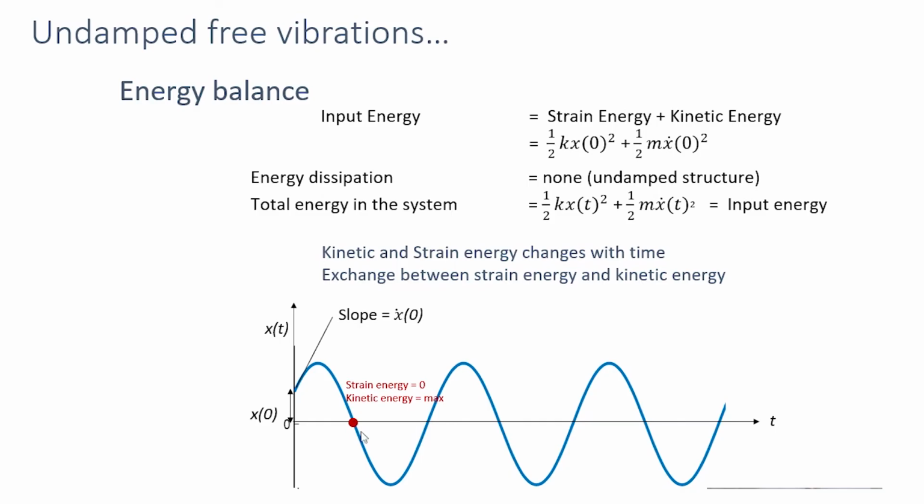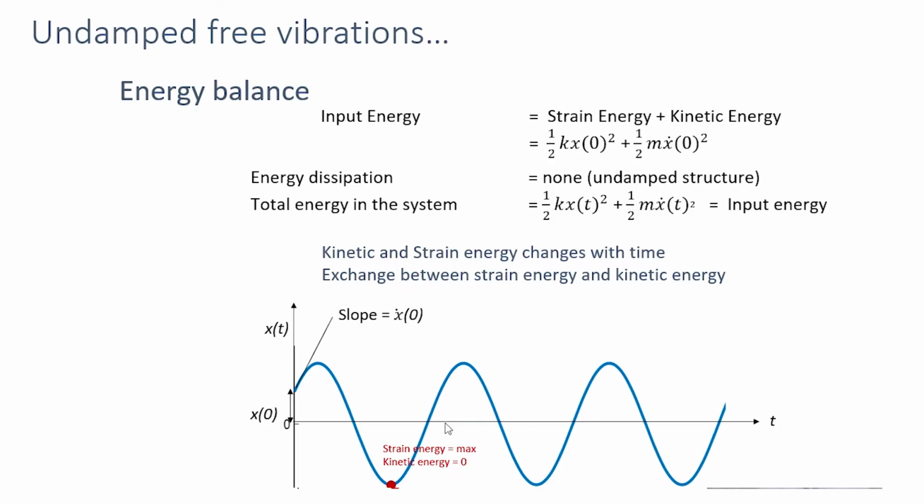Again, when this moves here, we have maximum strain energy and 0 kinetic energy. Anywhere in between, the system will have both strain energy and kinetic energy. But at each instant, their values will change. But the sum of the kinetic and strain energy at each instant will be equal to the input energy given.